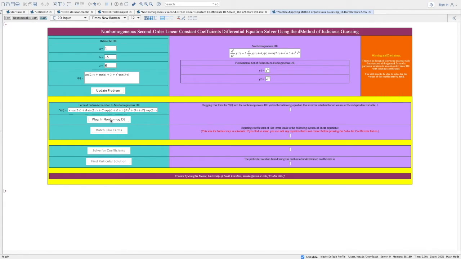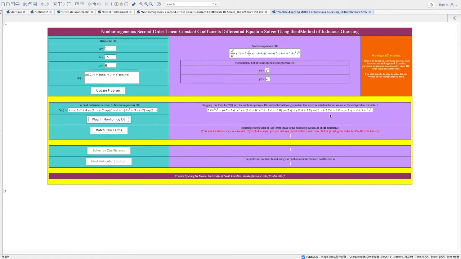So if I take this guess and plug it into the non-homogeneous differential equation, I get this result. Here is capital Y of t double prime minus 5 times the derivative plus 6 times capital Y. That's all of this on the left-hand side here, and that's supposed to be equal to the right-hand side, my function f.